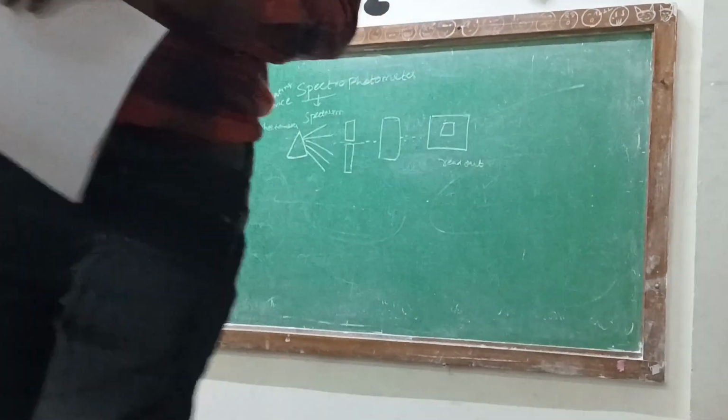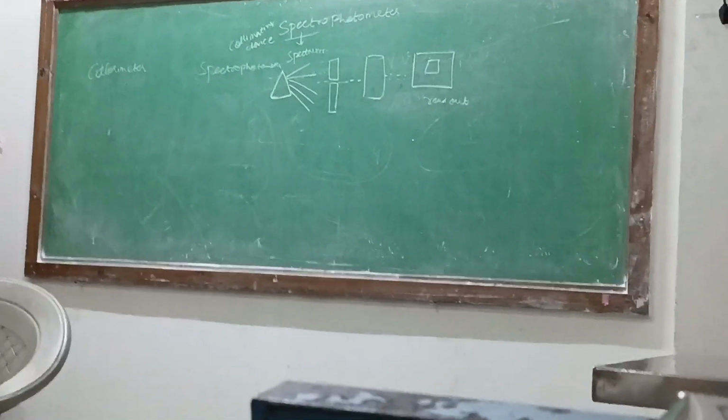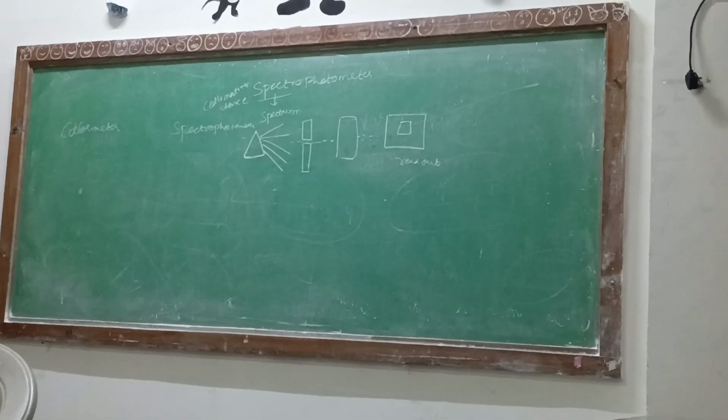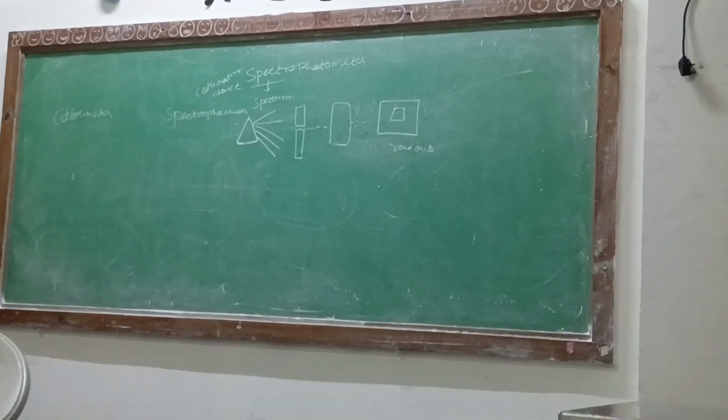For the colorimeter, the first thing is that detection of the solute is only in a colored solution. You can detect only in a colored solution.